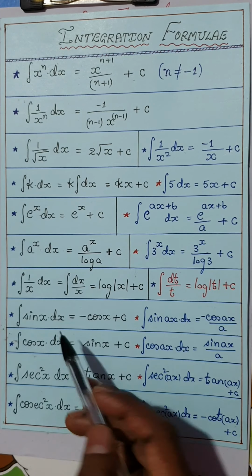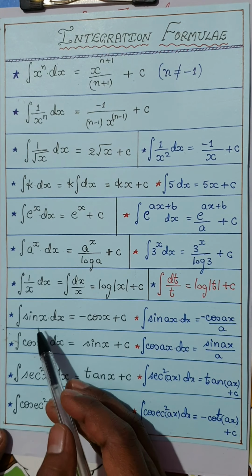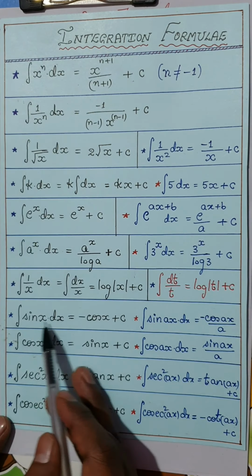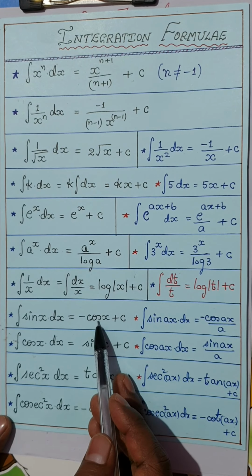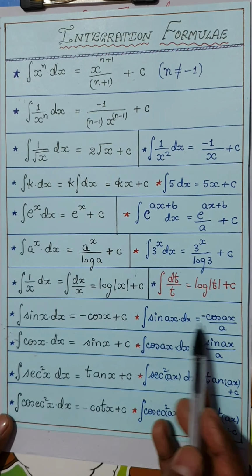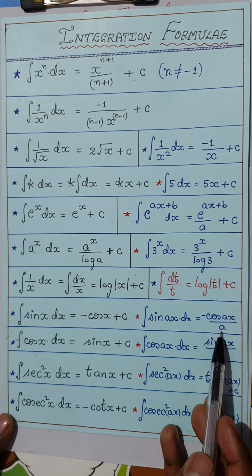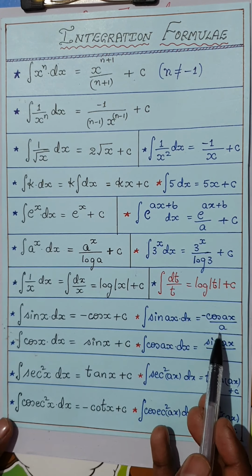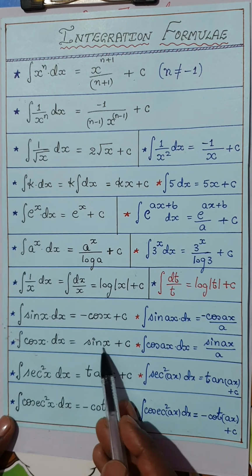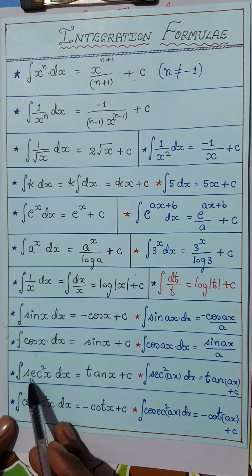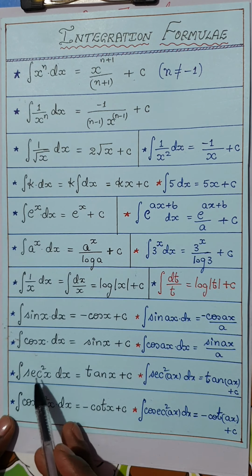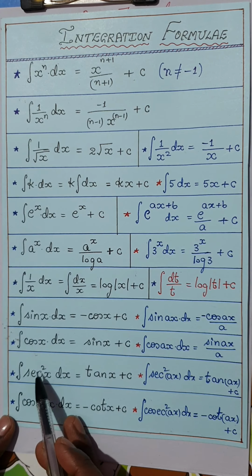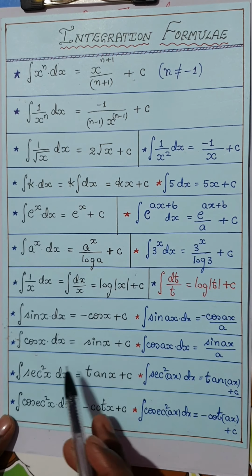Okay, now next, going on to the integral of trigonometric functions. Integral of sin x is minus cos x. In case you have sin ax, it will be minus cos of ax by a. The only thing is the constant would be divided. Integral of cos is sin. Similarly, integral of secant square, because we don't have a standard integral for integral of secant, rather we have a different formula there.